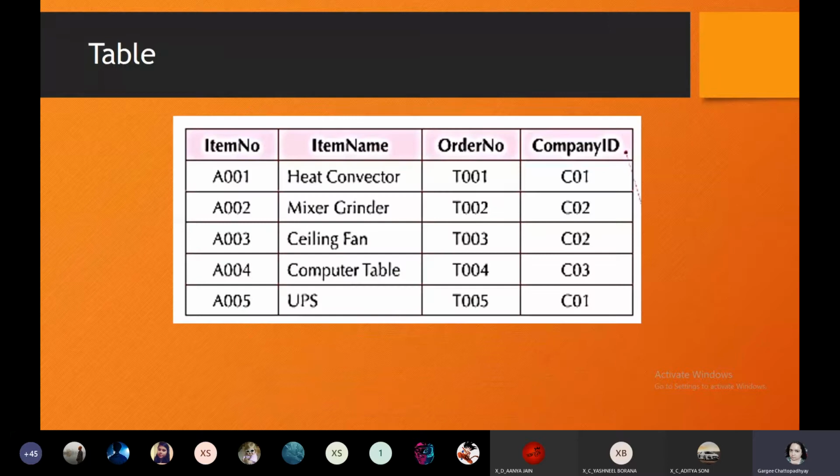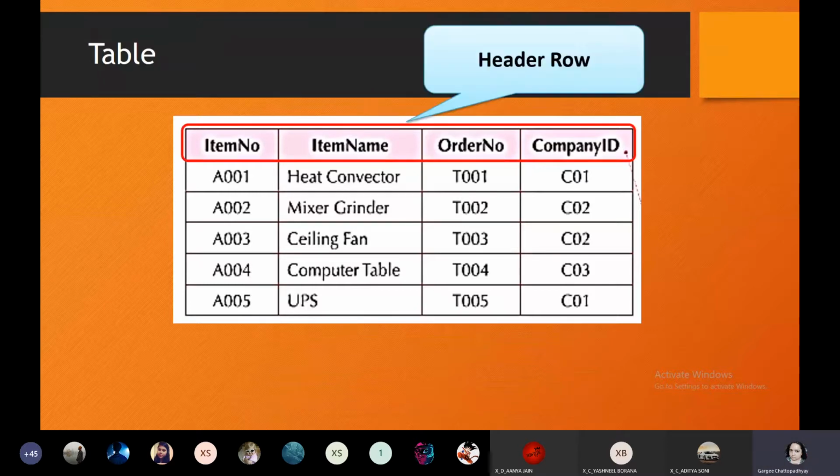Now this is a table. Take a very good look at it. What is this known as? This is the header row. We have already studied this in HTML. Many things you will be able to relate from there. Can anybody tell me what the field names in this table are?